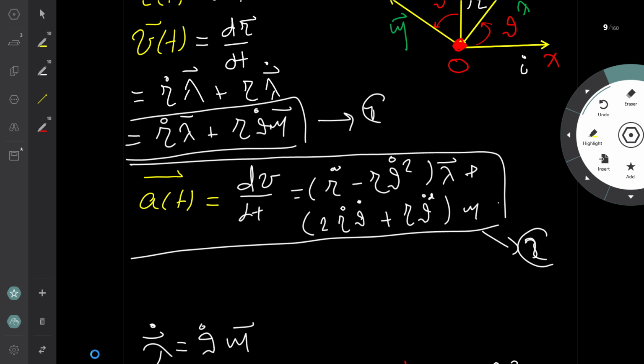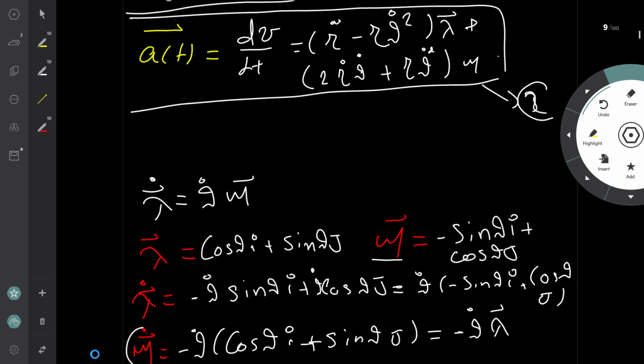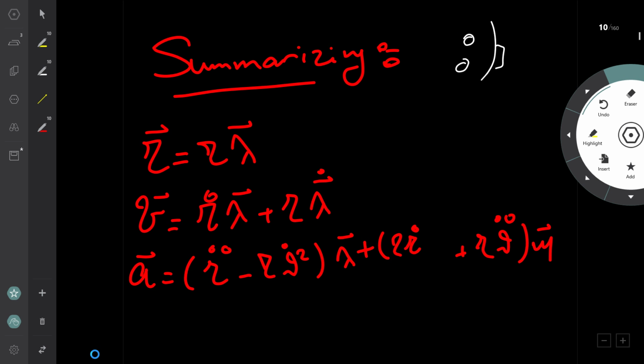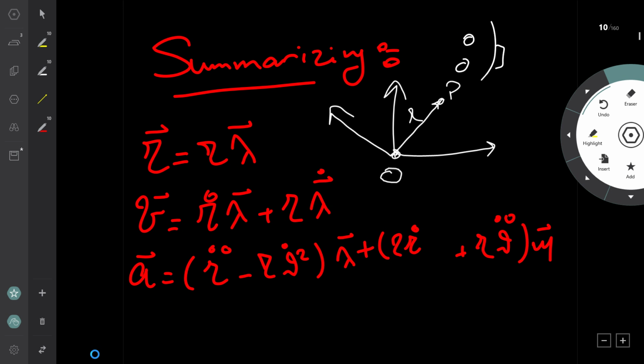So, to summarize, r is r along the vector, this is r, the distance between O and P. This is x, this is y.